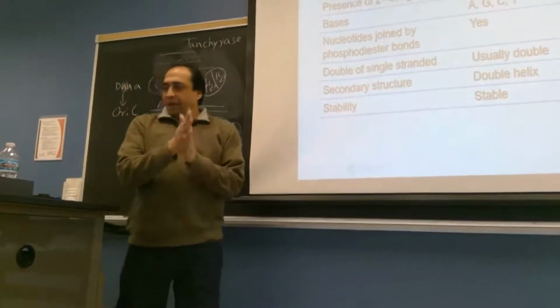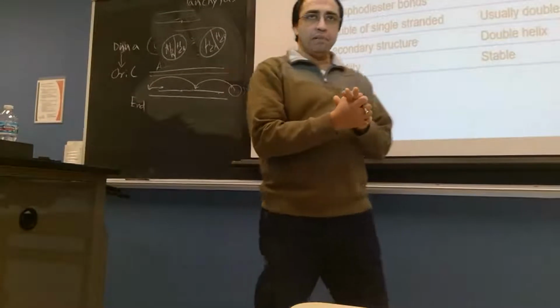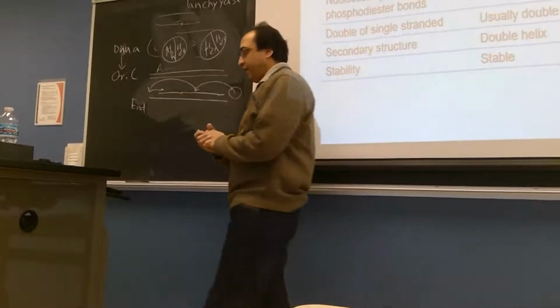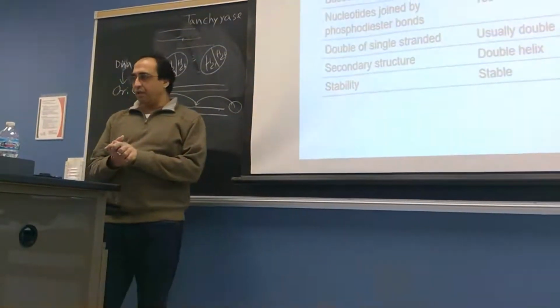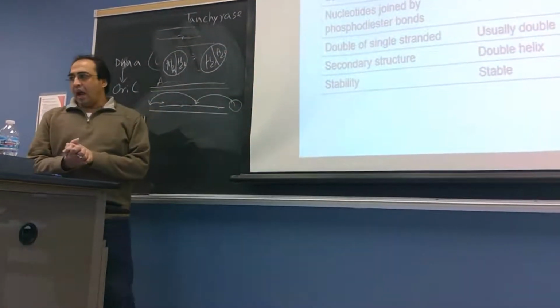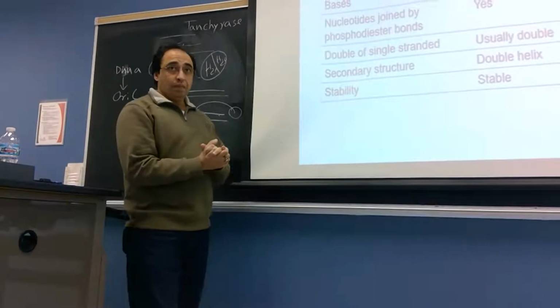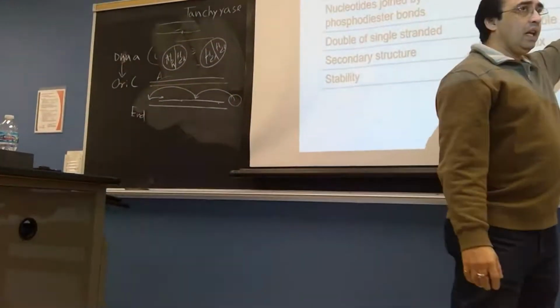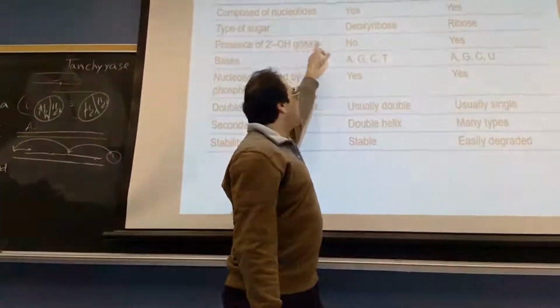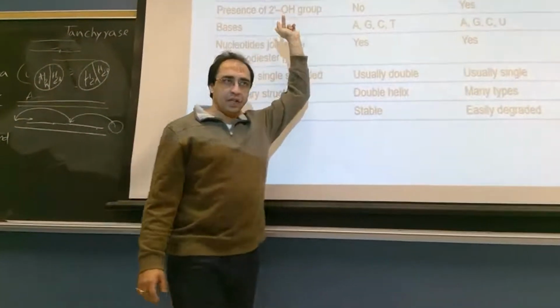So the difference between them: both DNA and RNA are composed of nucleotides. DNA sugar is deoxyribose sugar, RNA sugar is ribose sugar, and that OH group in the 2' position is present in RNA only. There is no OH group in DNA, there is hydrogen instead.